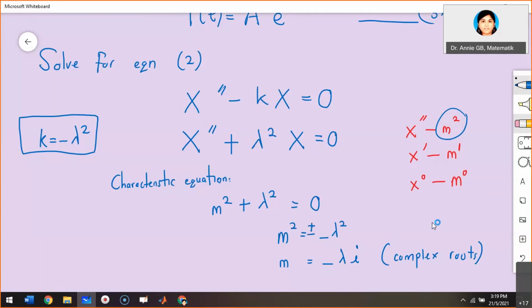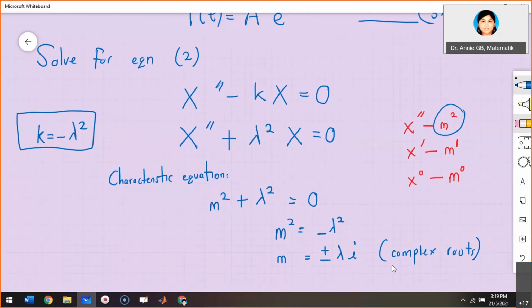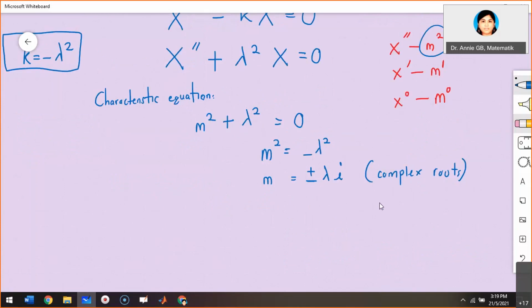Okay, this is correct. So this is plus minus lambda I. So macam mana saya dapat? You can put negative 1 square root lambda squared, kan? Tambah tolak. So square root of negative 1 is my I. Square root of lambda squared is my lambda. Okay. Now what are the solution for complex root?